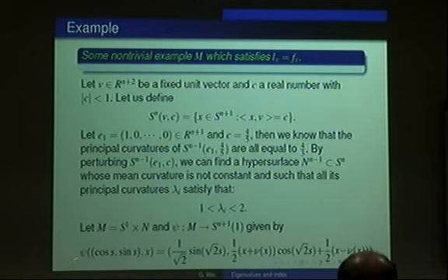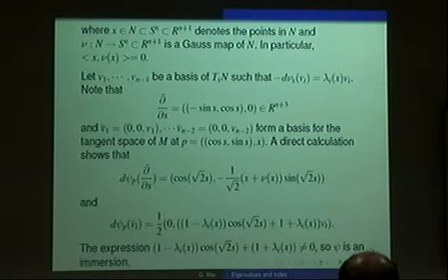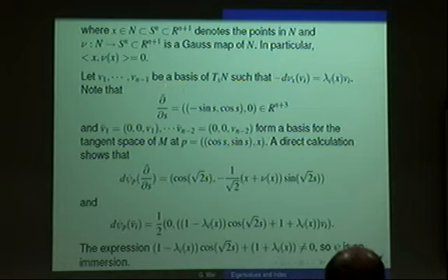So we give this immersion, and from it we can get that V1, ..., Vn minus 1 is a basis of the tangent space of N, such that this equation holds. From this relationship, if we assume that V1 equals this and Vn minus 2 equals this one, then we can compute d psi.